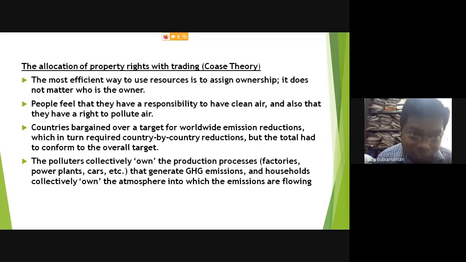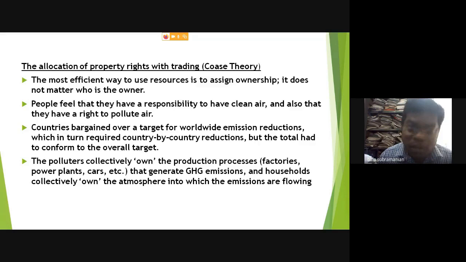A is the owner of the land. B is the shepherd, who wants to graze his goats on A's land. Without a compromise, the problem will come, because of property ownership: this is my property, why are you using my property without my permission? So they have to compromise. There is no cost involved.